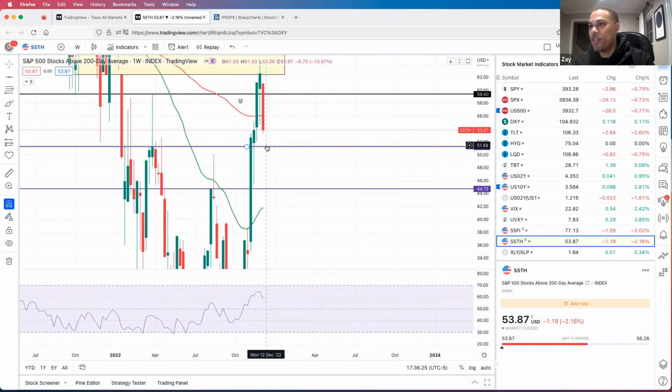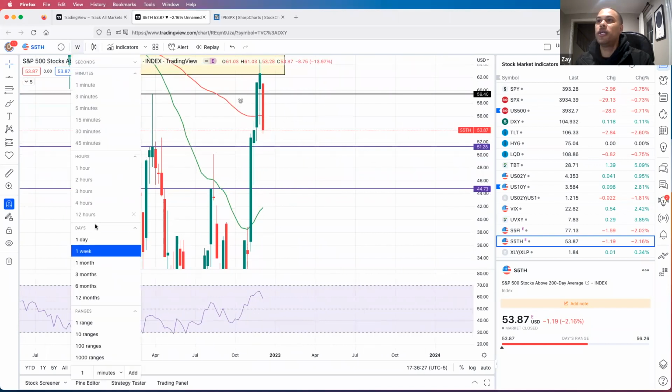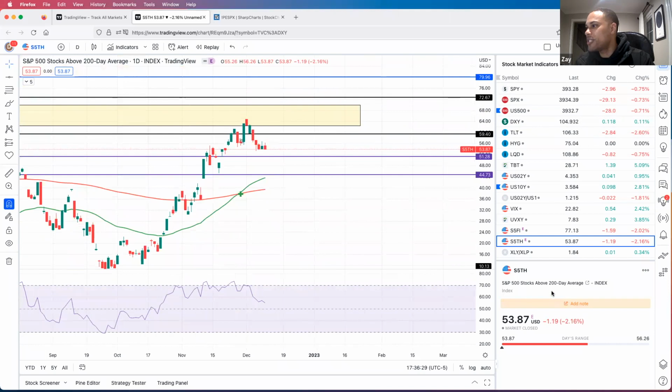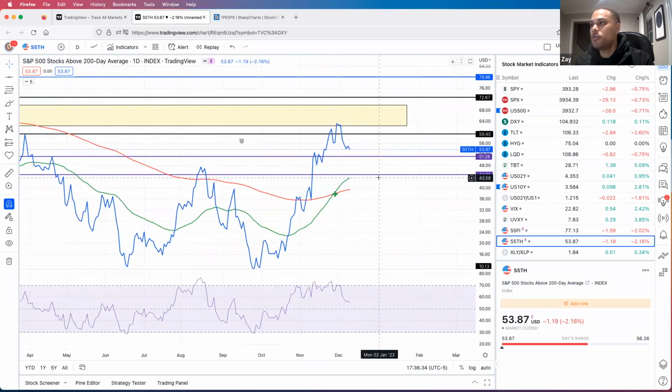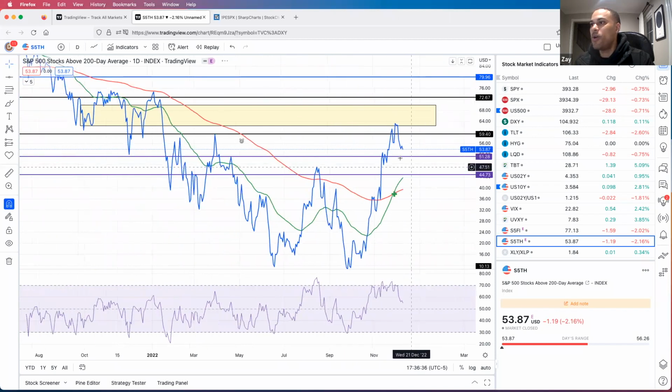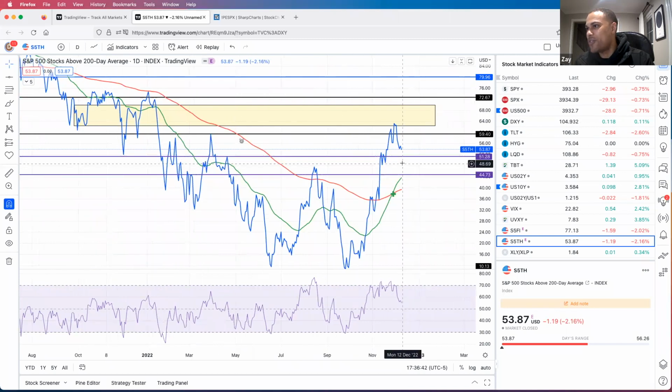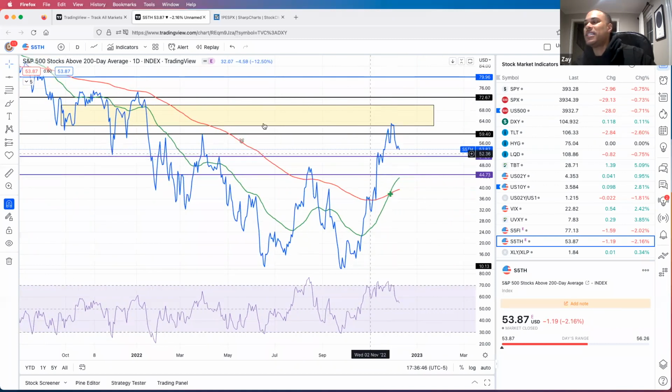So could we have a little bit more pressure? Absolutely. Could we see a little bit more stocks fall below the 200-day? Absolutely, right? But what I will be watching for is, do we start to get into, say, around 51 or this 49 area, form structure for us to then bounce into the end of the year?